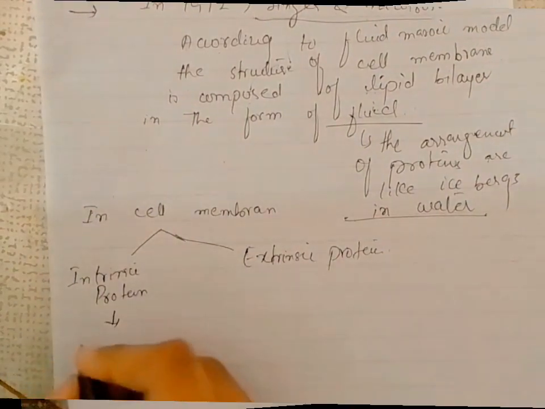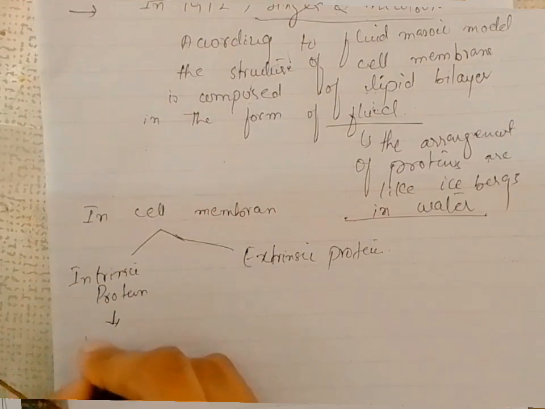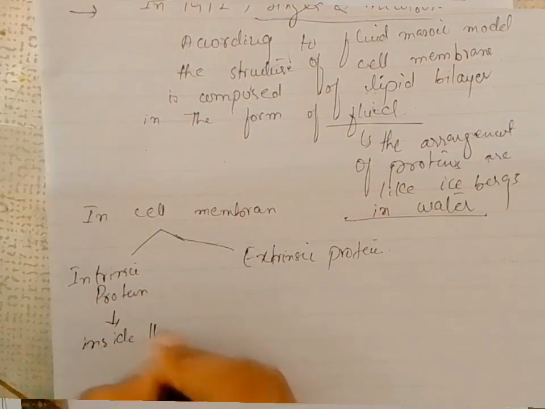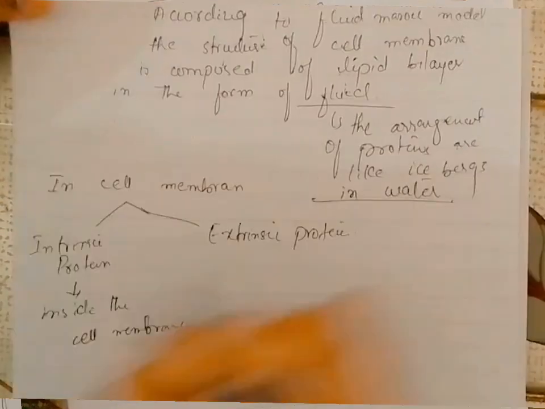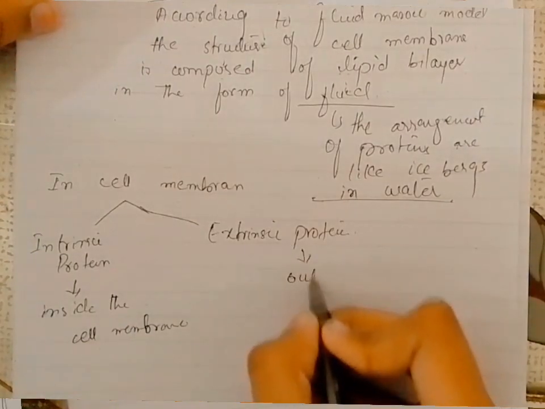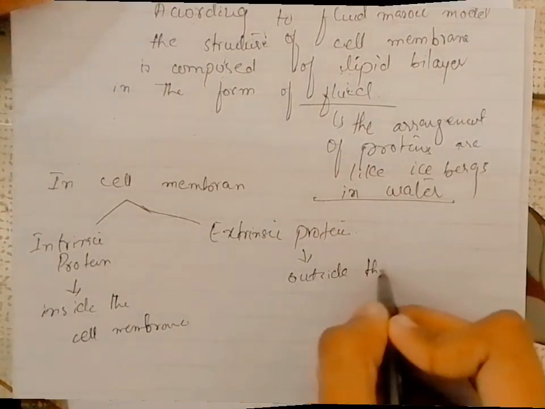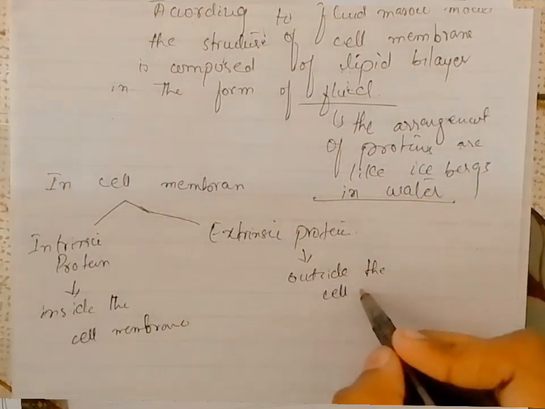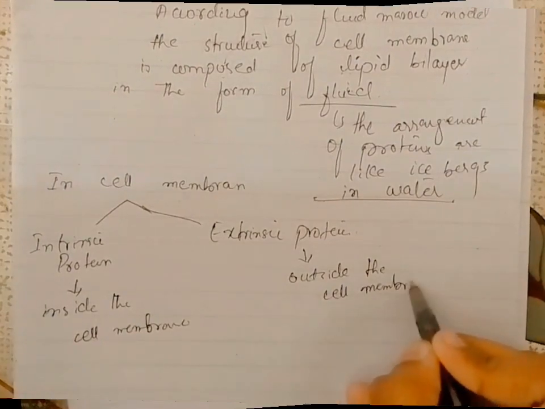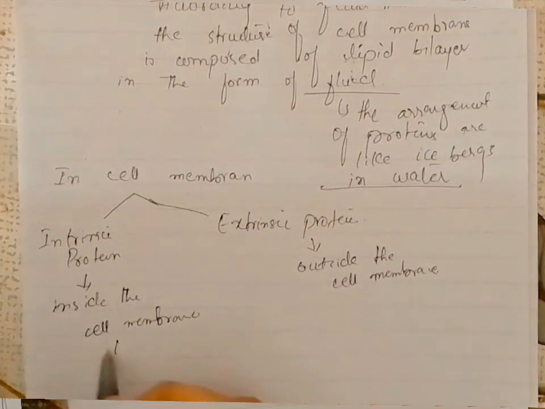Intrinsic protein is inside the cell membrane, and extrinsic protein is outside the cell membrane. It is attached to the cell membrane outside. It is not inside, it is outside.